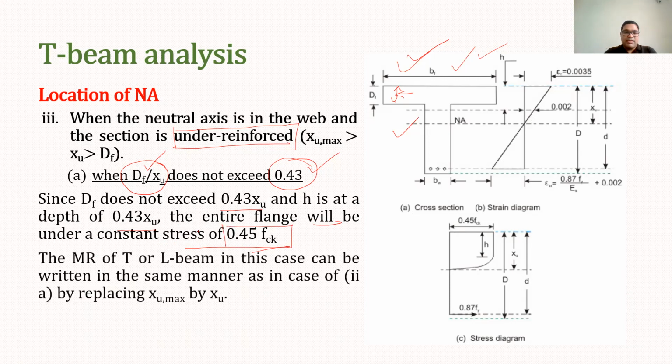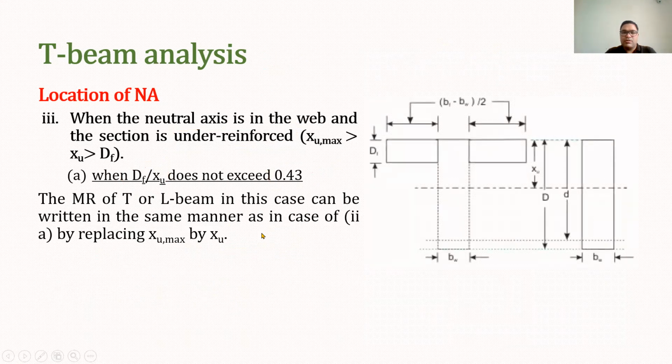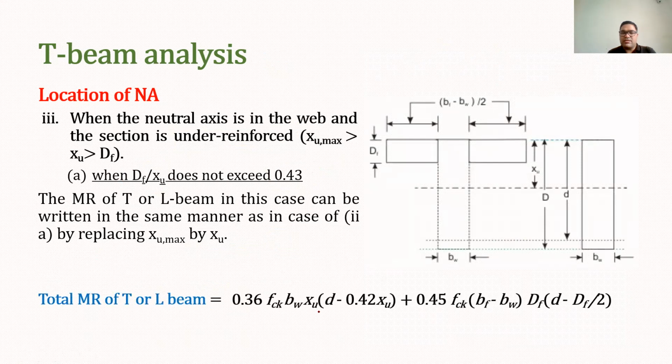So in this case, the moment of resistance will be the same as we have used in the 2A case. The only change will be replacement of Xu max by Xu, because in an under reinforced section we use Xu in place of Xu max. So that is why the formula will be the same. The only thing that will change will be Xu.